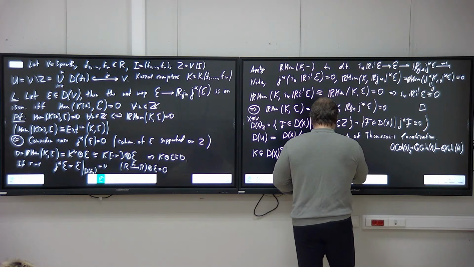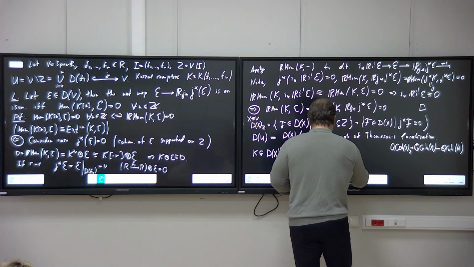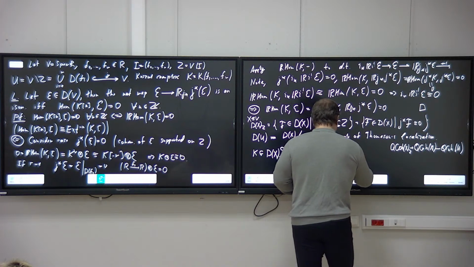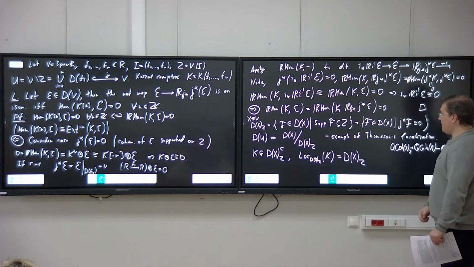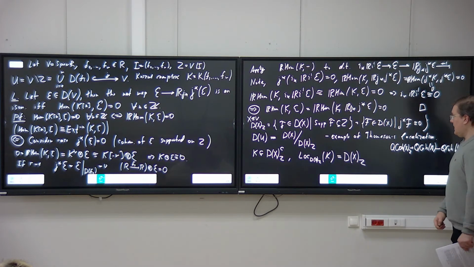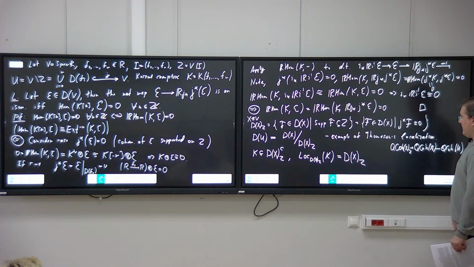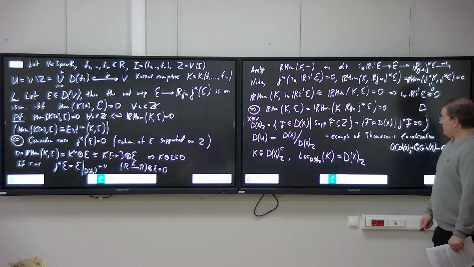And then this thing is the whole derived category D of X sub Z. Do we know that D of X sub Z is compactly generated? No, not at the moment. So how can we use that?